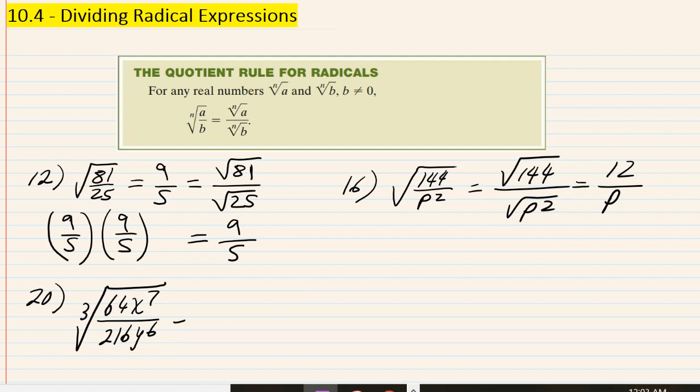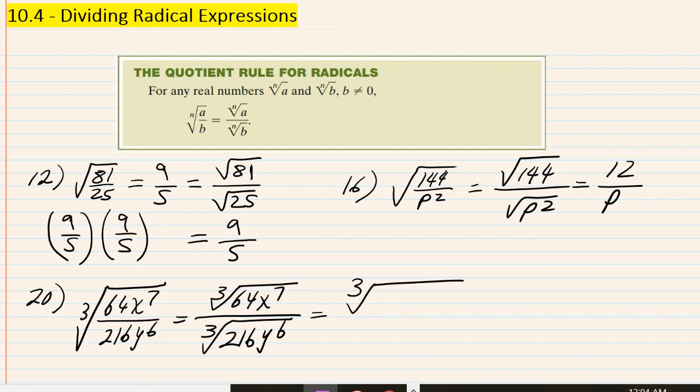Okay, so let's break it into a numerator and into a denominator. Now note, each of the numerator and denominator are in the form of a product individually. So we're going to use the product rule that we learned about in section 10.3. So that means I need to do cube root of 64.